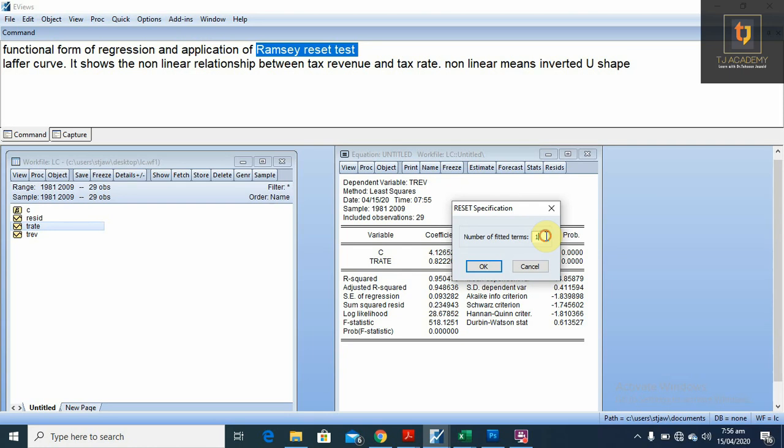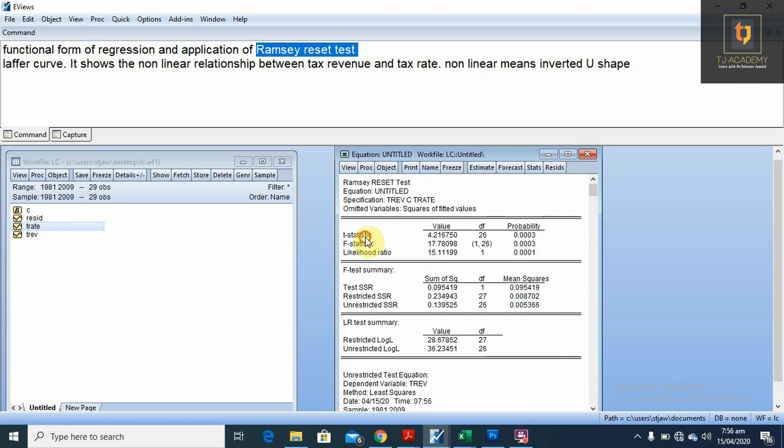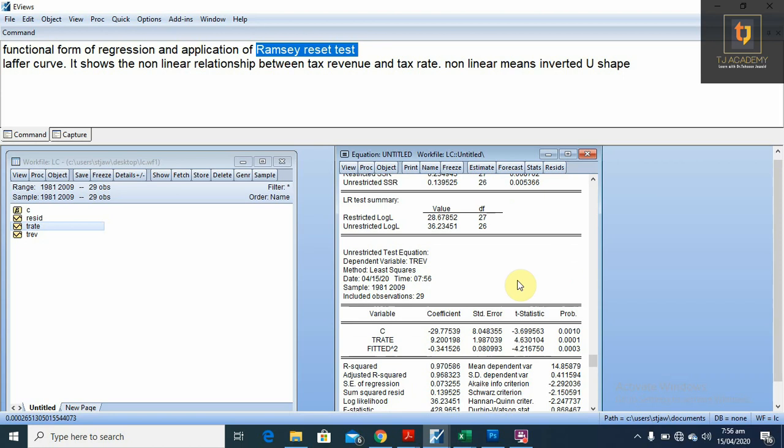So one means the square form will be checked. So if we place OK, the t-test shows the significant effect of the square term of the variable. This is the fitted value, and this shows the significant effect. It means the function is nonlinear up to power 2.